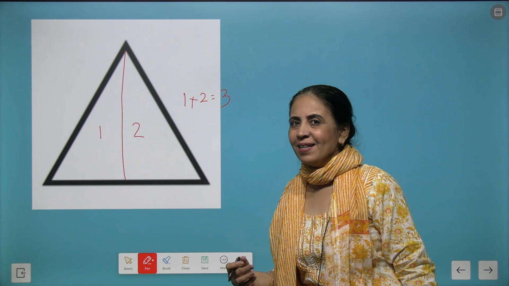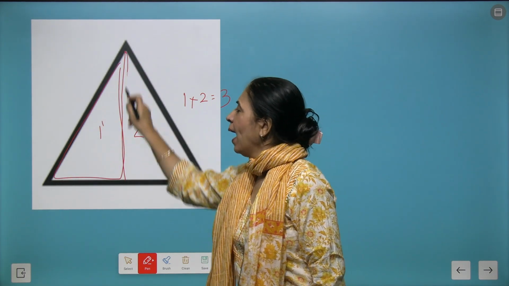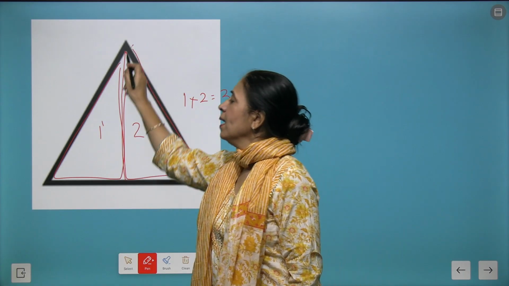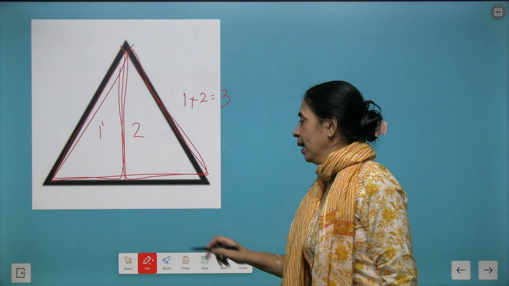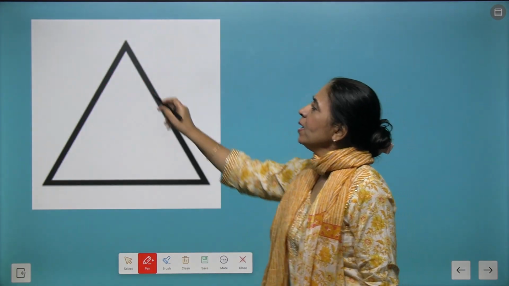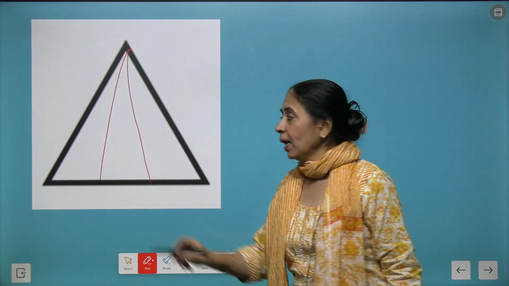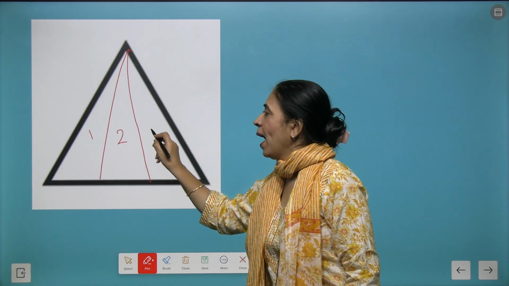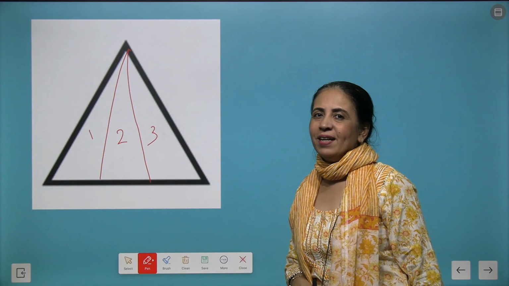So interesting, isn't it? See, this is one of the smaller triangles, another smaller triangle, and we have this one as the bigger triangle. Let's try drawing 2 lines now, 1 and 2. Now we mark 1, 2 and 3. Now how to get the number of triangles here?